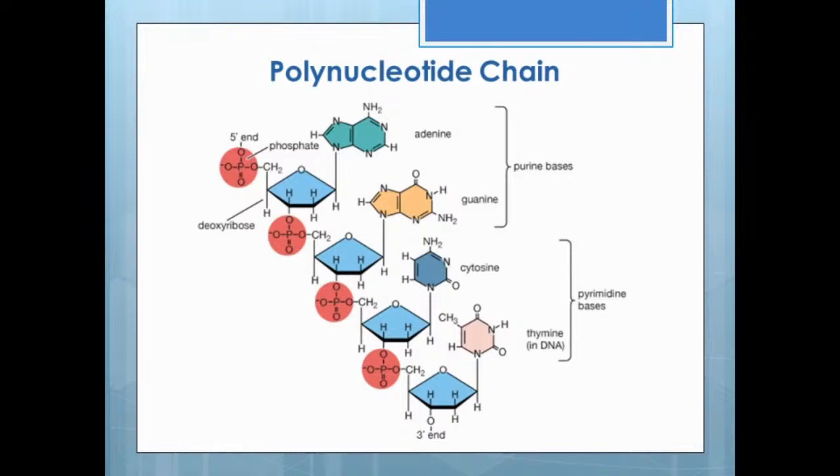One more thing we want to tell our students is that in this polynucleotide chain, the pentose sugar and phosphate group, these two together make the backbone of this polynucleotide chain, and nitrogenous bases remain free to form hydrogen bonds with the nitrogenous bases of the other strand of DNA to make the double-stranded structure in a DNA duplex.